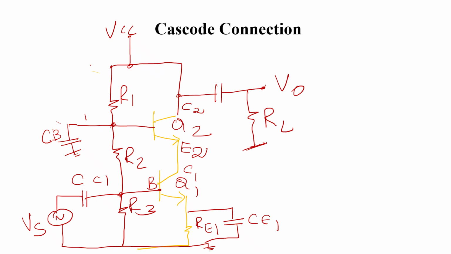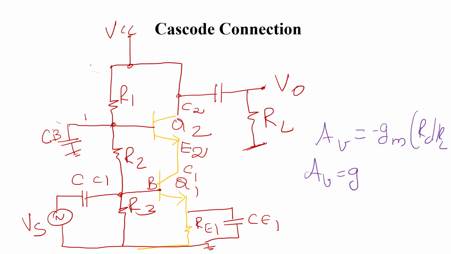Yes, the voltage gain of cascade connection here is given by minus Gm into Rc parallel to RL. AV is equal to minus Gm into Rc parallel to RL.